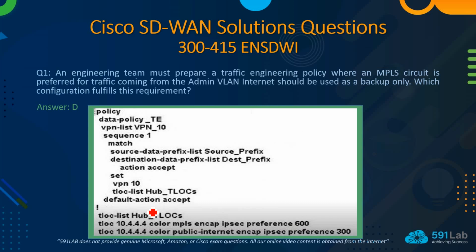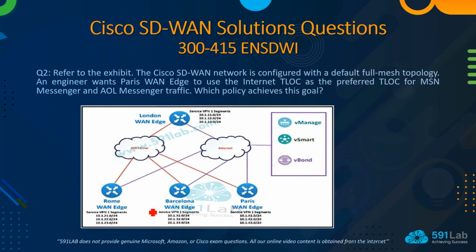Okay, now let's move to the next question. Refer to the exhibit. The Cisco SD-WAN network is configured with a default full mesh topology. An engineer wants Paris WAN edge to use Internet TLOC as preferred TLOC for MSN Messenger and AOL Messenger traffic.